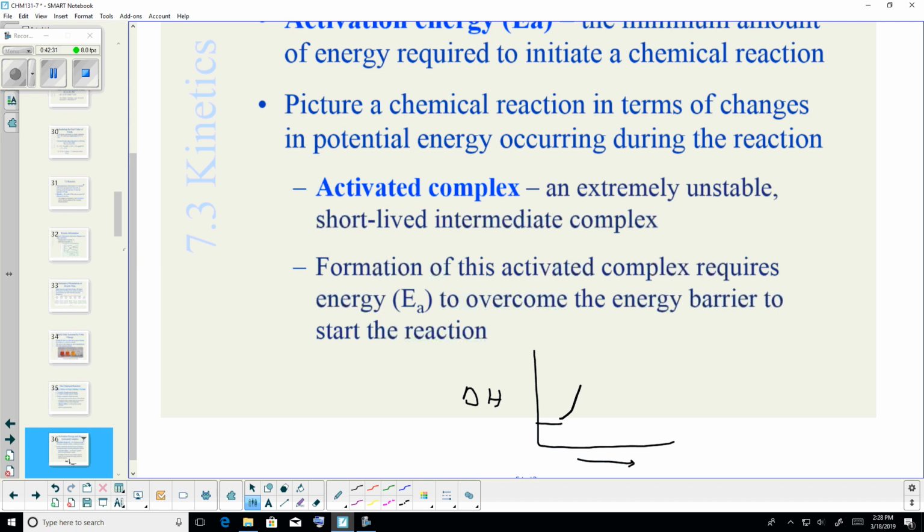I'm going up. There comes a point where I reach this activated complex. Extremely unstable. So I reach the top. Now the log is lit. And when the log is lit, it's going to release energy, so the delta H is going to go down.